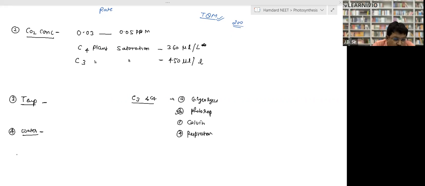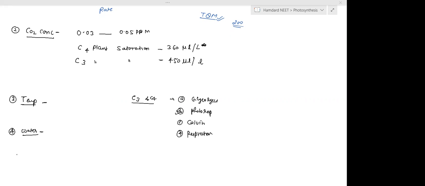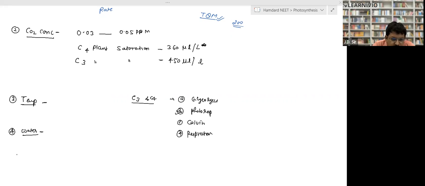Very good. Yes, water scarcity takes place. And as you said, cell organelles get oxidized, they die, they stop working. Oxidation will take place. That is also very true.